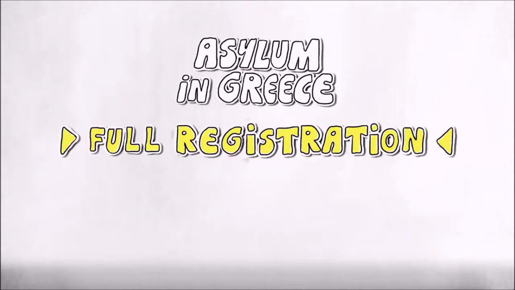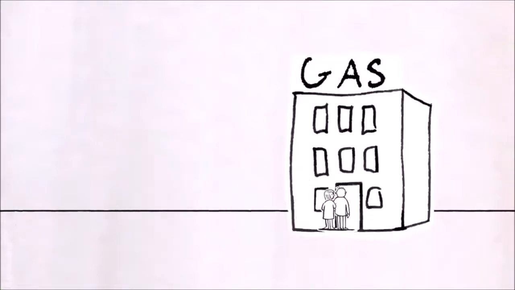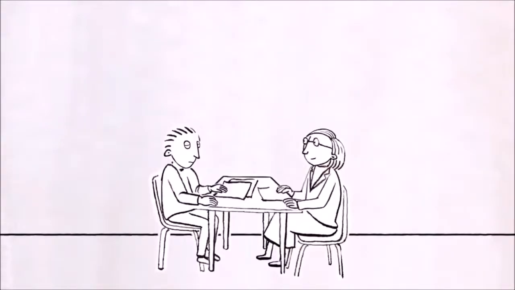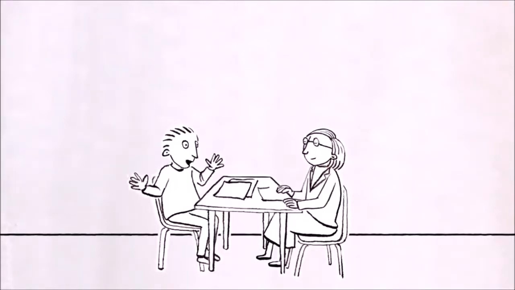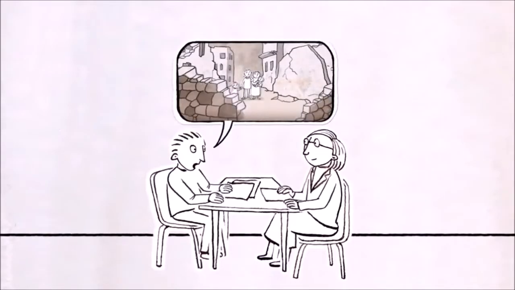Step 2. Full registration. On the Greek mainland, your full registration appointment is the next and second step to lodging your asylum claim. At your full registration appointment, you will make your formal claim for asylum. You will briefly tell a caseworker why you are asking for asylum.